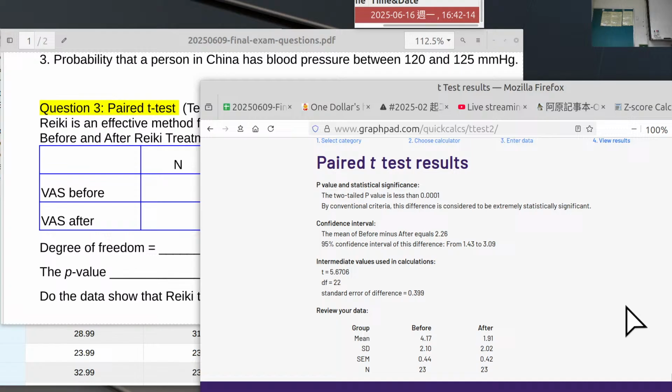Okay. Students who have yet to get your test paper, come here. Your serial number, last 2 digits. 009. Okay, 1 minute, please.